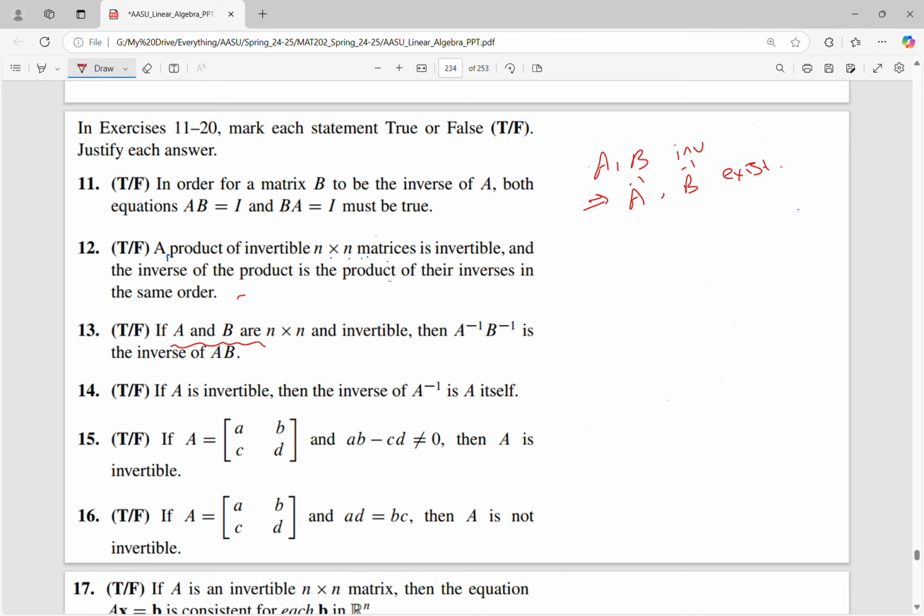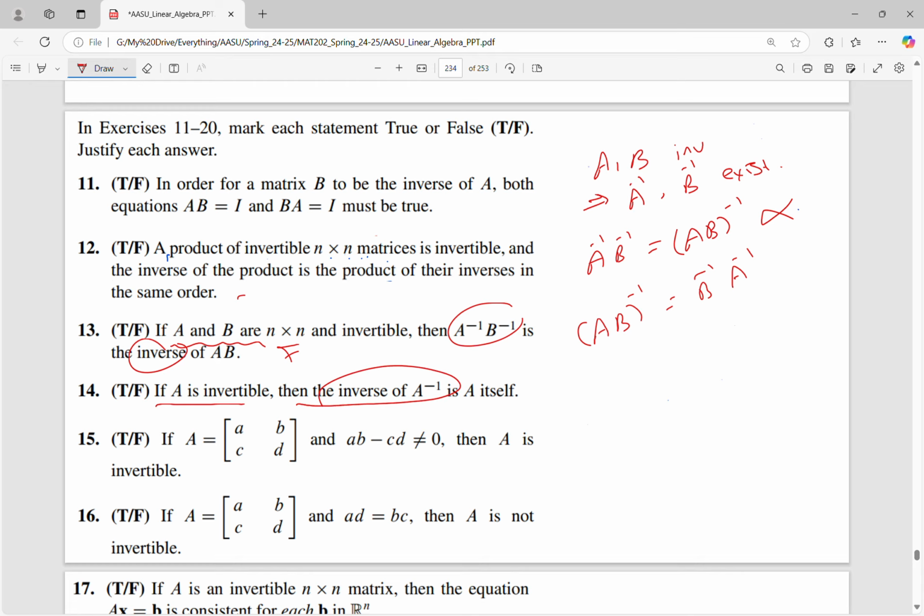Then the question says A inverse B inverse is the inverse of AB. Is this correct? Again, this is wrong, because (AB) inverse is B inverse A inverse. So this is false.